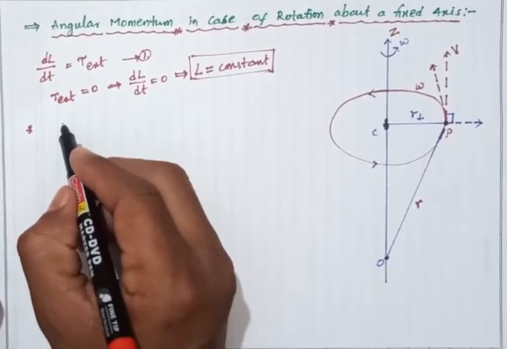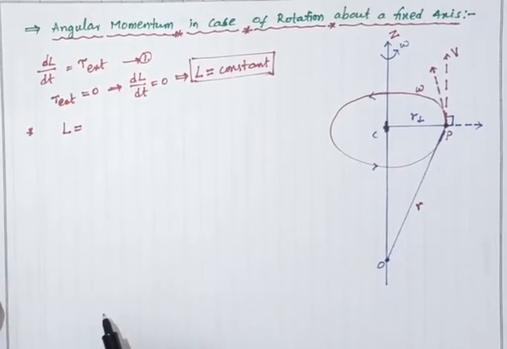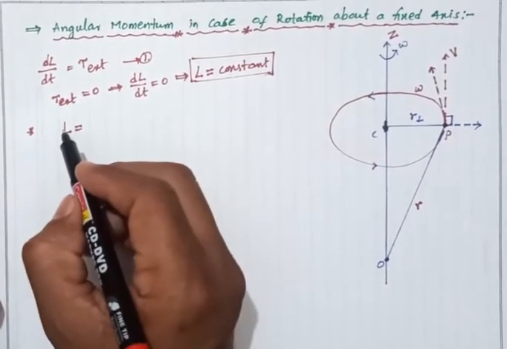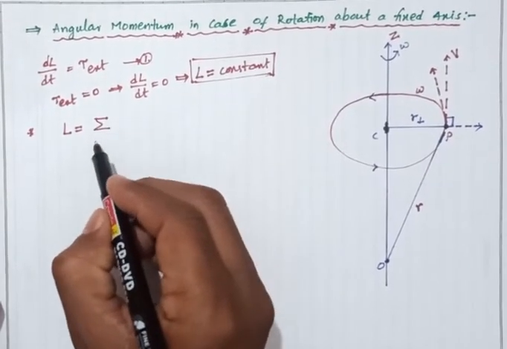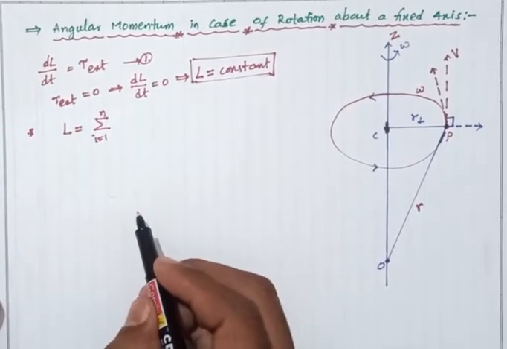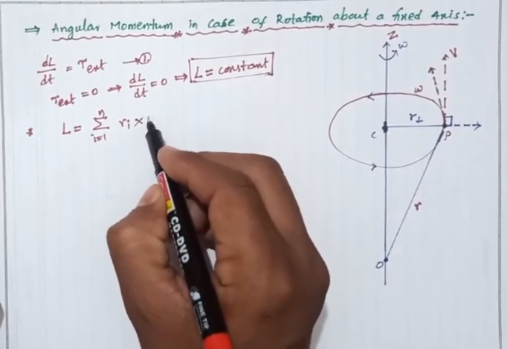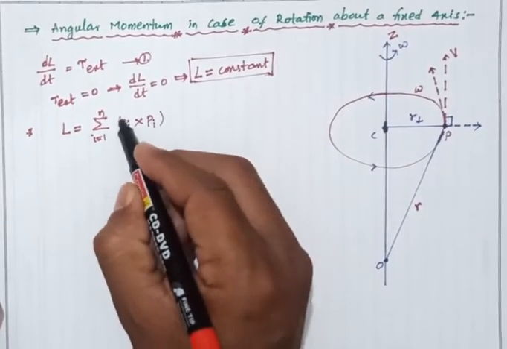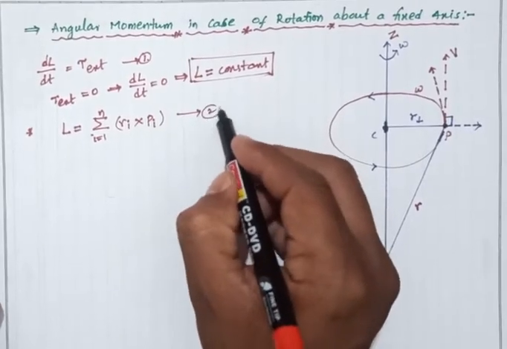So the angular momentum L equals the summation from i equals 1 to n of Ri cross Pi. This is equation number 2.